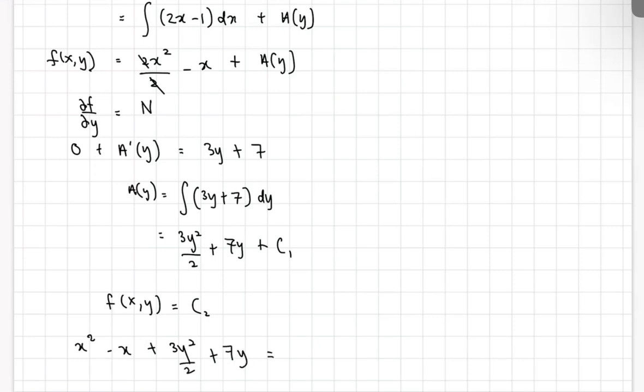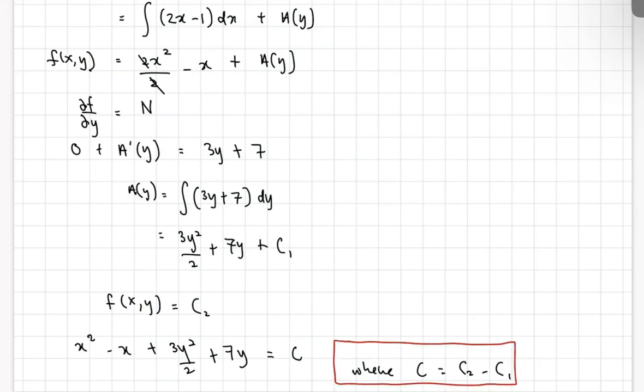And then this is equal to c. I don't need to write this, but I just want to mention that this c is actually c2 minus c1. You don't need to write this, but I want you to understand where I got c.